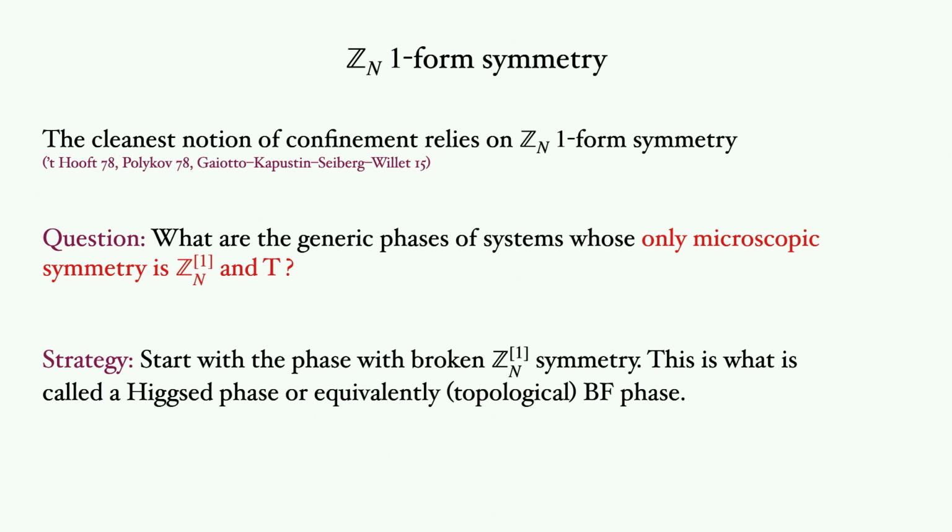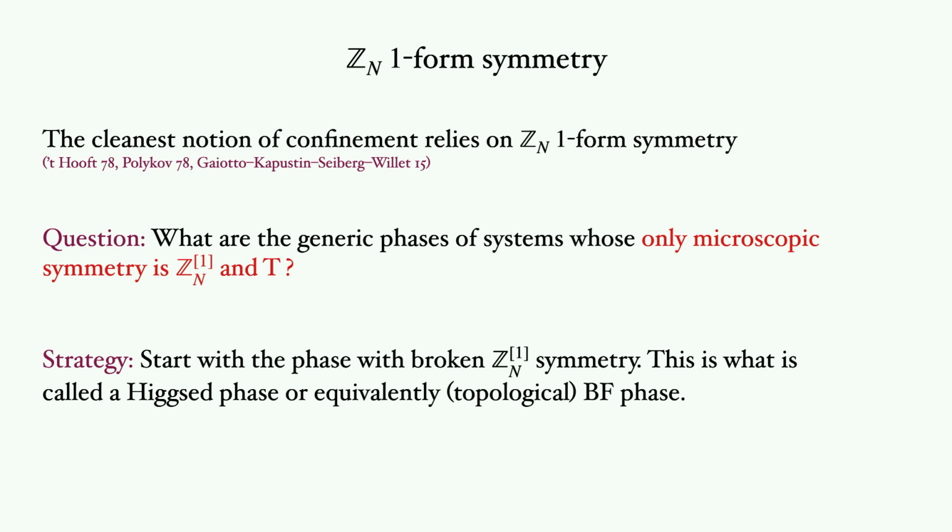So the strategy is the following. We start with a phase with broken Z_N one-form symmetry. For example, you can say, oh, this phase does not exist in pure Yang-Mills. But it does. If you add two adjoint fermions to pure Yang-Mills and give a vev to both clock and shift, you break it to Z_N.